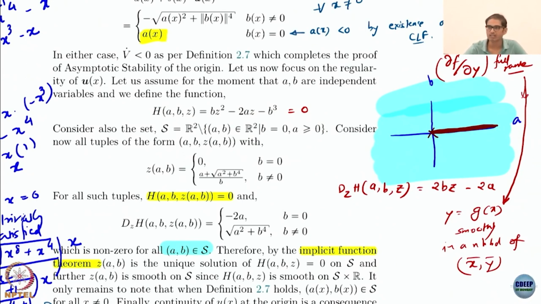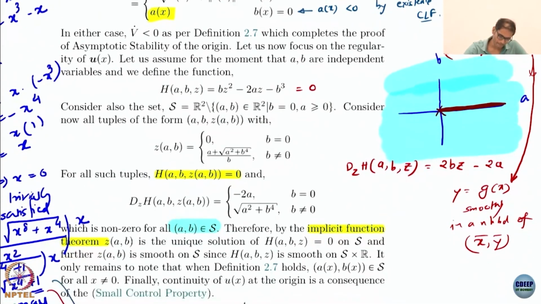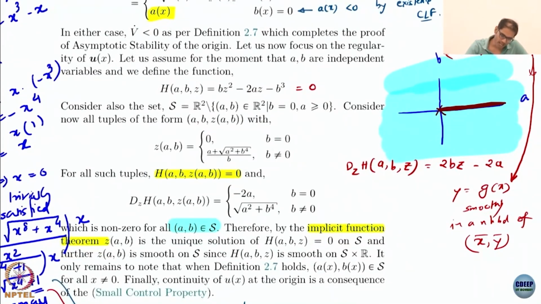Clear, great. So now I have essentially solved this equation, and now I can write this as tuples. What is the 3-tuple? A, B and Z as a function of A, B. This is the implicit version and this is the explicit version.